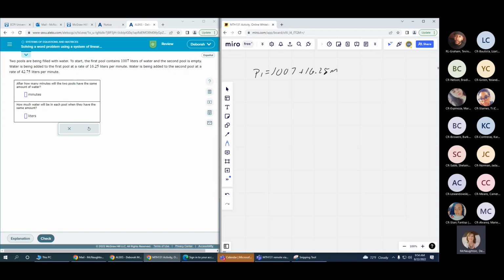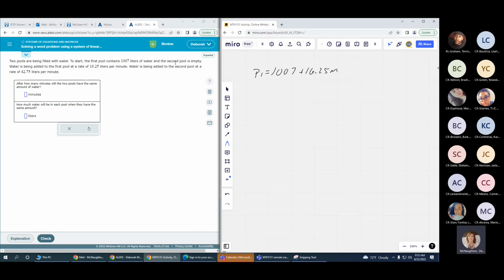So every minute I'm adding 16.25. So how much water is in the pool is going to be, after 1 minute, 1,007 plus 16.25. After 2 minutes, it'll be 1,007 plus 16.25 times 2, and so on. So if we multiply the 16.25 by the number of minutes and add this on, that's how much water will be in pool 1.